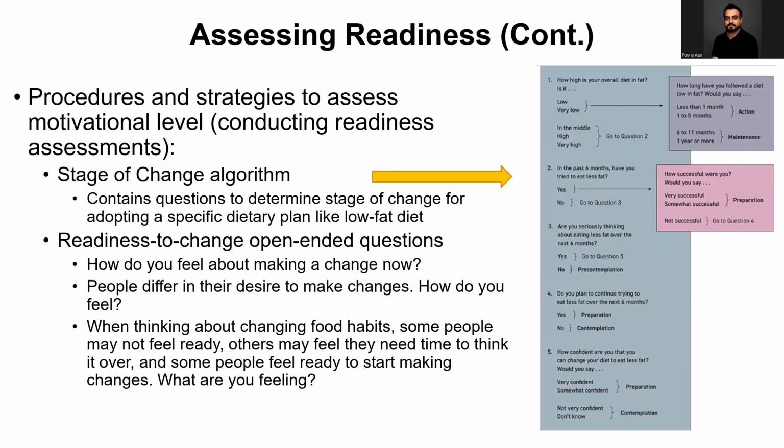When thinking about changing food habits, some people may not feel ready, others may feel they need time to think it over, and some people feel ready to start making changes. What are you feeling? So these are open-ended questions, and we can assess the motivational level based on clients' responses to these questions.